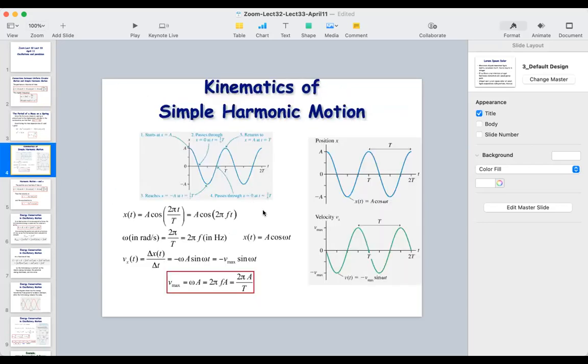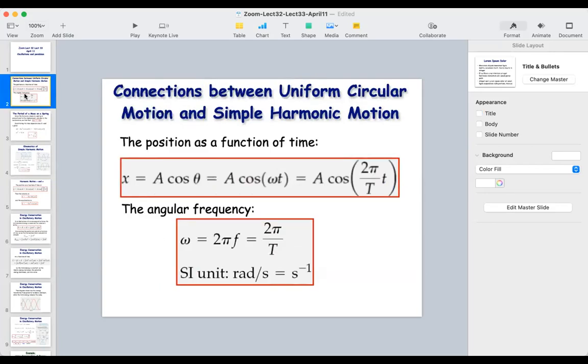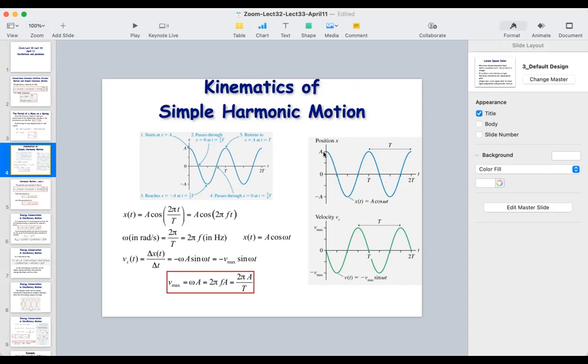We also saw some other properties last time. Here we have our plot of the position versus time. We said already that it is a cosine, so the position x is A cosine of theta, and here indeed we have the expression of a cosine.